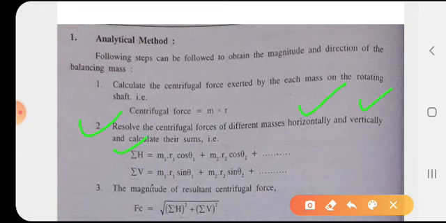Summation of H is the sum of the horizontal components and summation of V is the sum of the vertical components. So summation of H equal to m1 r1 cos theta 1 plus m2 r2 cos theta 2, and summation of V equal to m1 r1 sin theta 1 plus m2 r2 sin theta 2 plus so on.